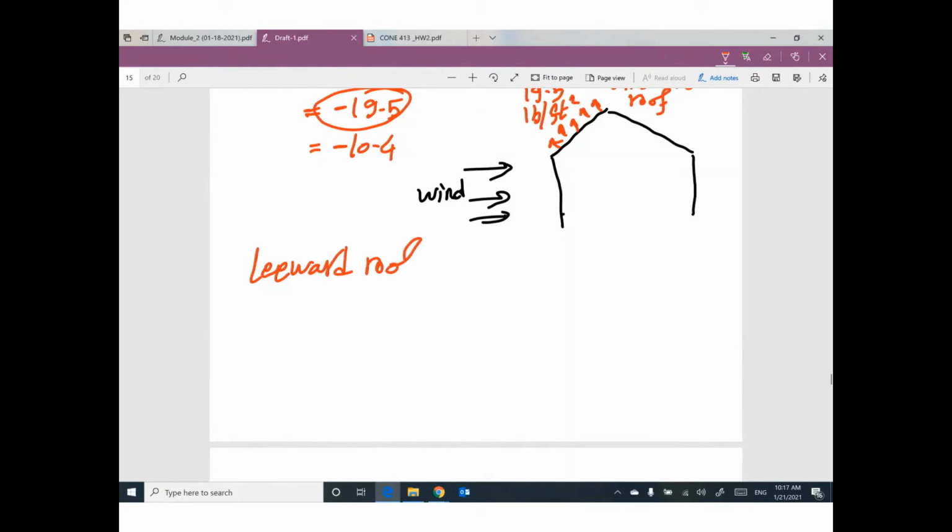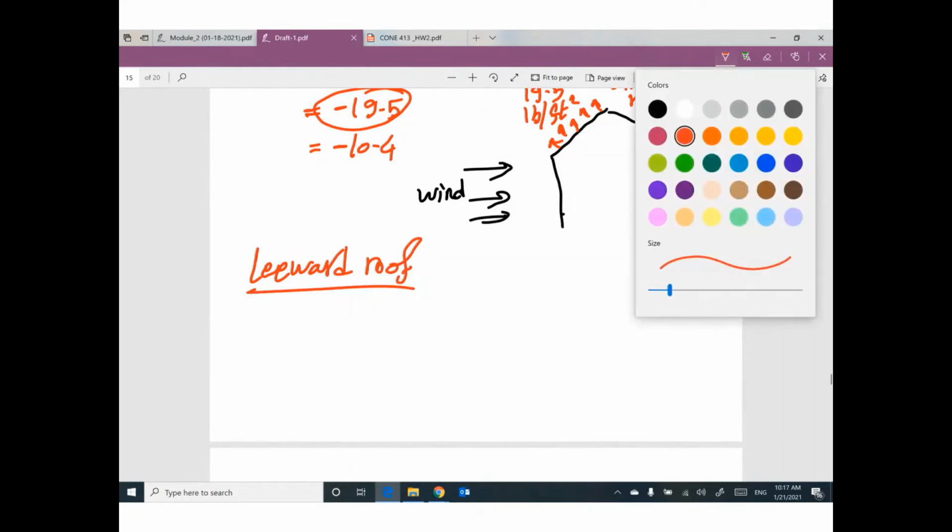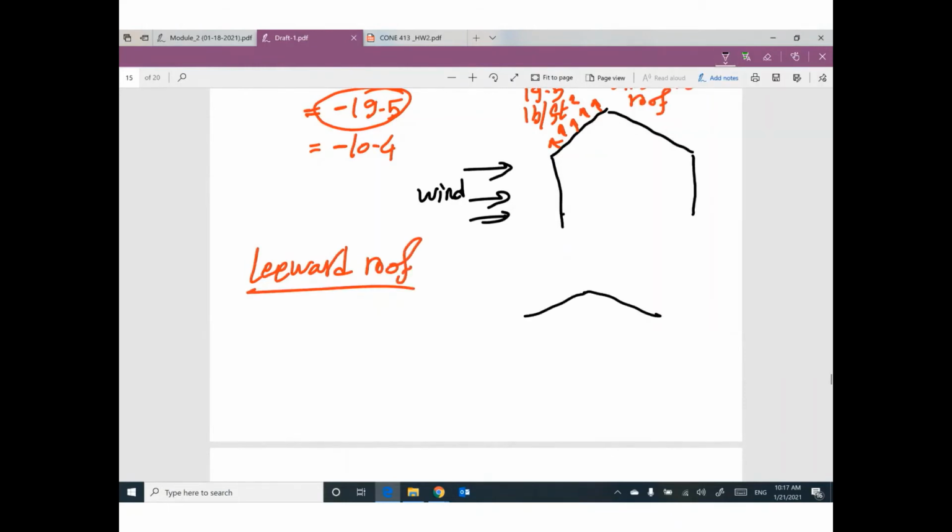If you are talking about the leeward roof, which is the other side of the roof, here is the wind direction. So right now I'm talking about this value of the roof. So your pressure equals 25.1 times 0.85 times CP.